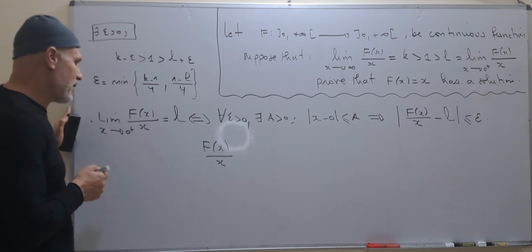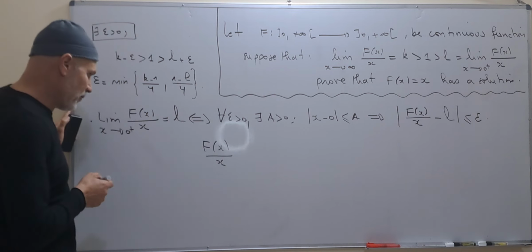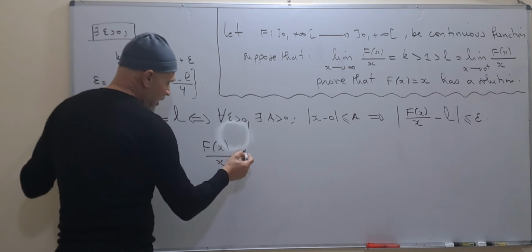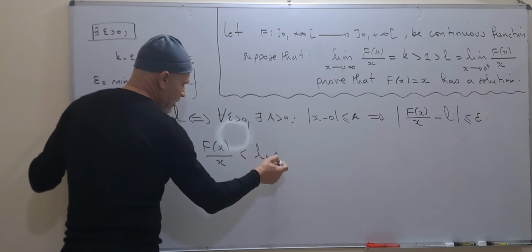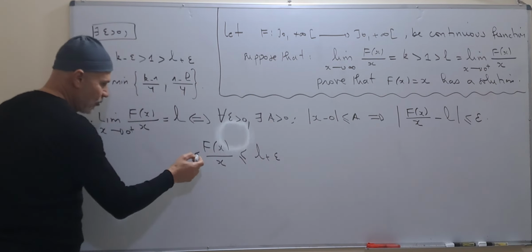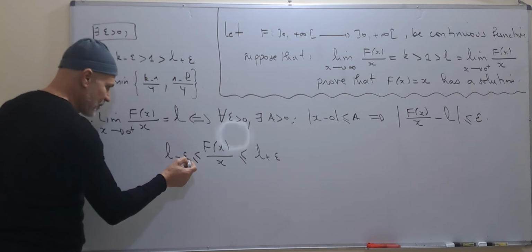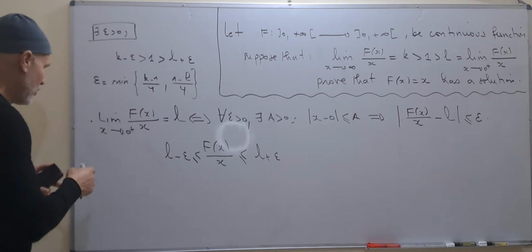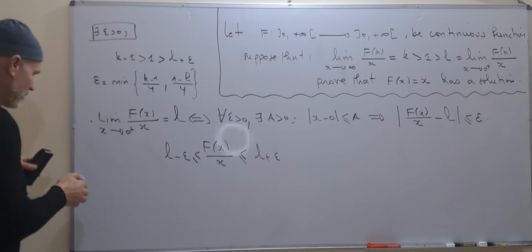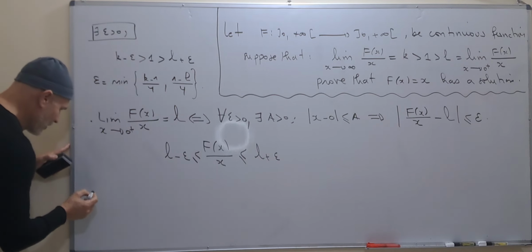This means that f of x over x is less than L plus epsilon and greater than or equal to L minus epsilon. We use the same thing here.